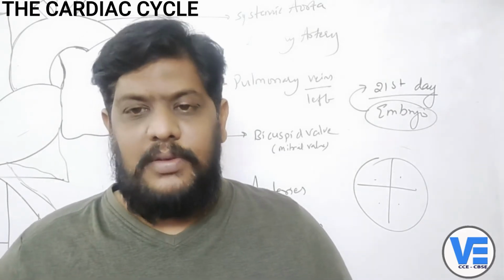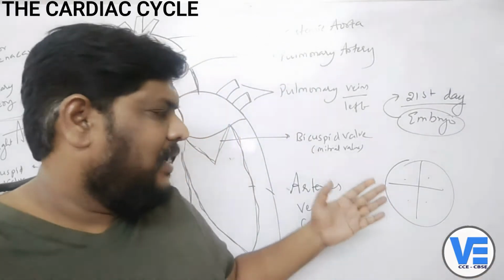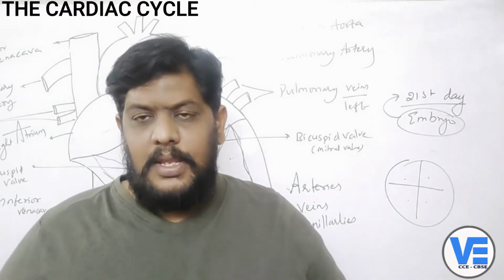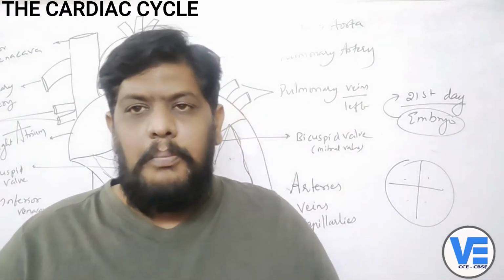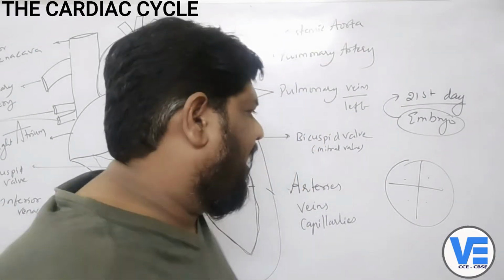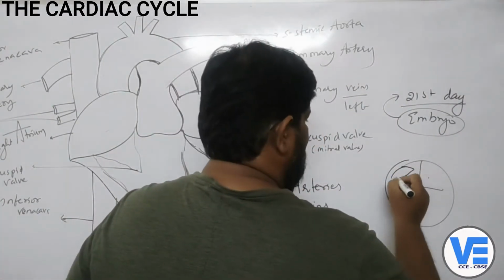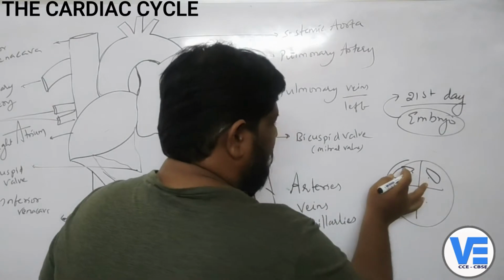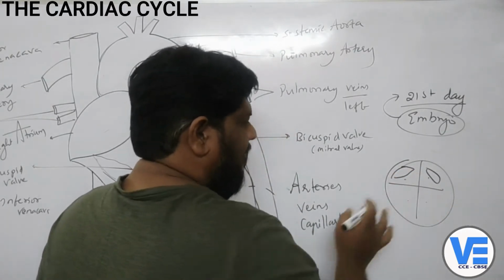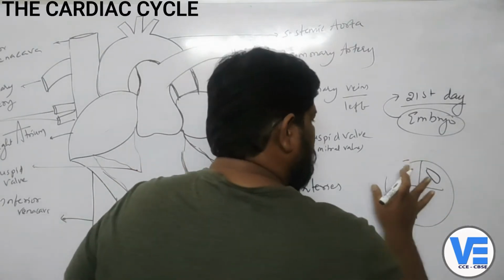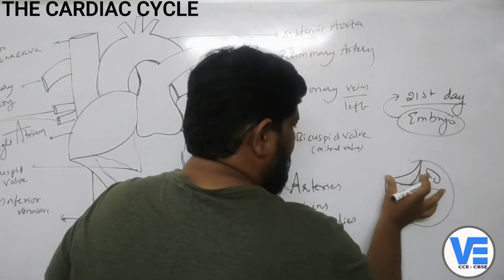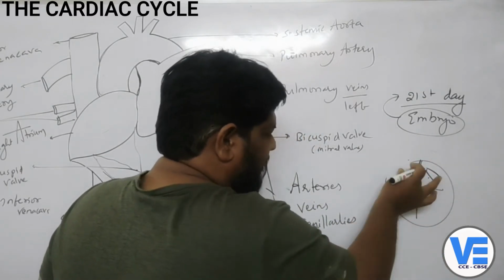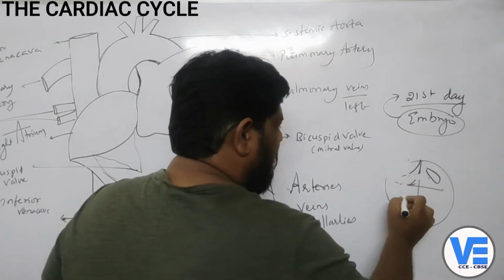Now what happens during the heartbeat? Both auricles have blood in them, and if this blood has to go into the ventricles, what should happen? They should contract like this, so that the blood will go into the ventricles.